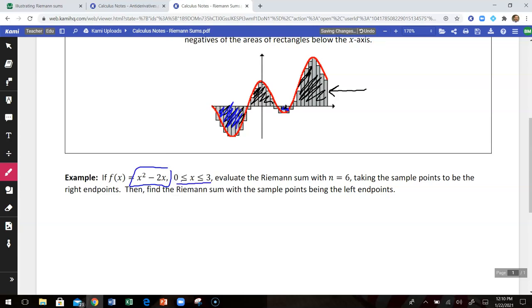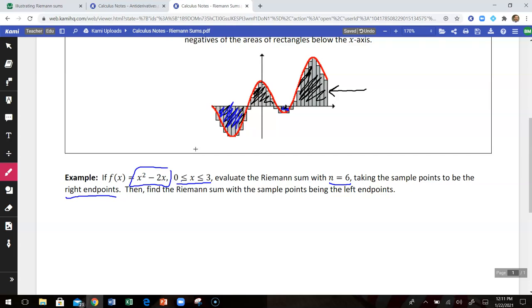So I'm estimating the area between this curve and the x-axis over the interval from 0 to 3, with n equals 6, meaning 6 rectangles. We're going to use the sample points to find our heights, and use the right endpoints of each one.